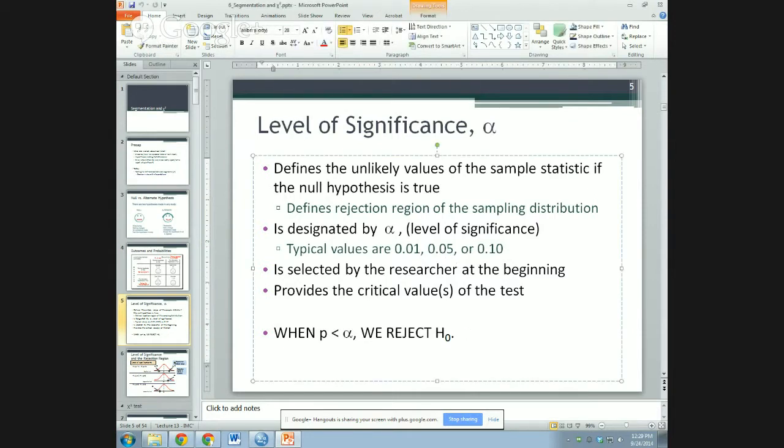Or in other terms, when p is greater than 0.05, we support H0.